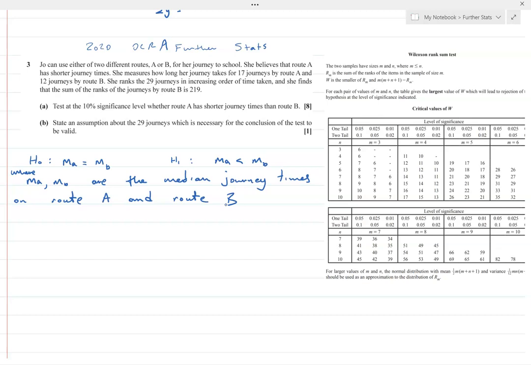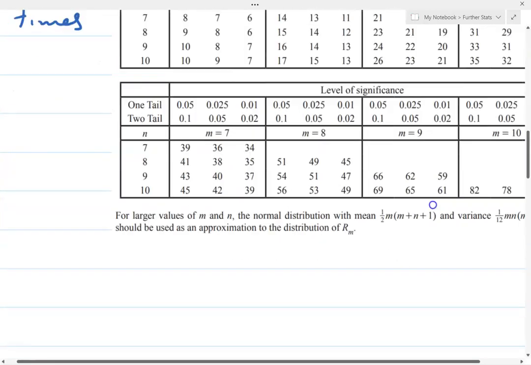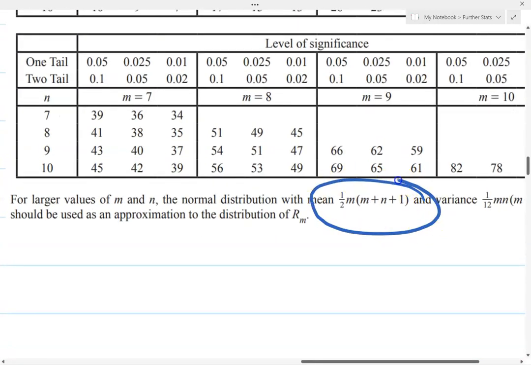Right, so let's get on with it. We're doing the normal approximation. The normal approximation involves working out the mean and the variance.